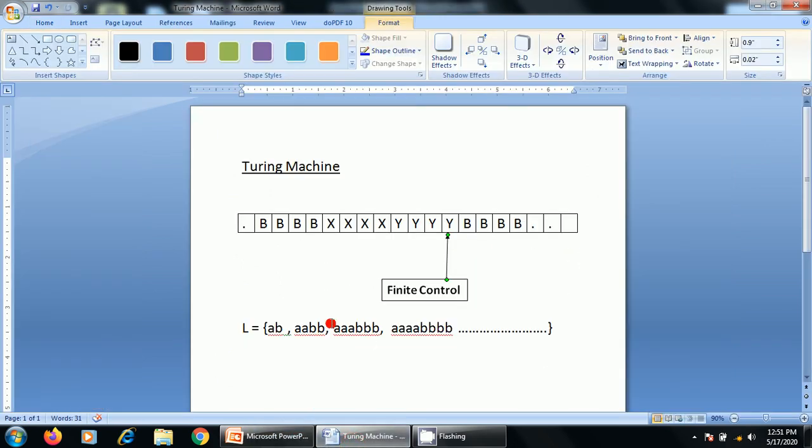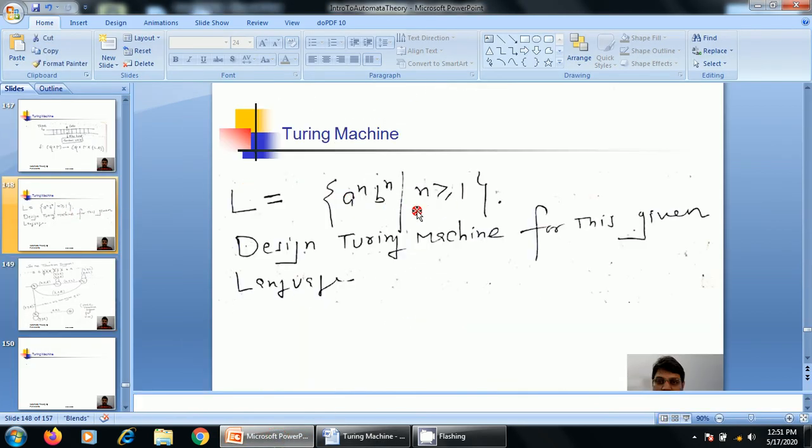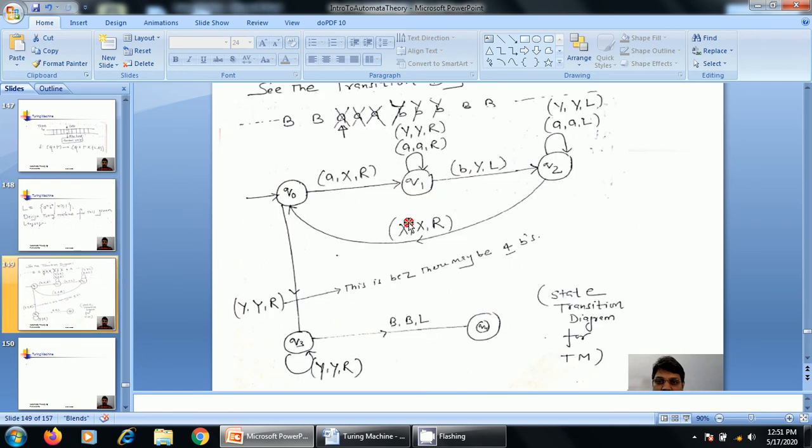Similarly, 3 times A, 3 times B, 2 times A, 2 times B, single A, single B, 5 times A, 5 times B, all these strings are present in this language, so all these strings will be accepted by this machine. But if you take 4 times A and 5 times B, or 5 times A and 4 times B, this will not be accepted by this machine.